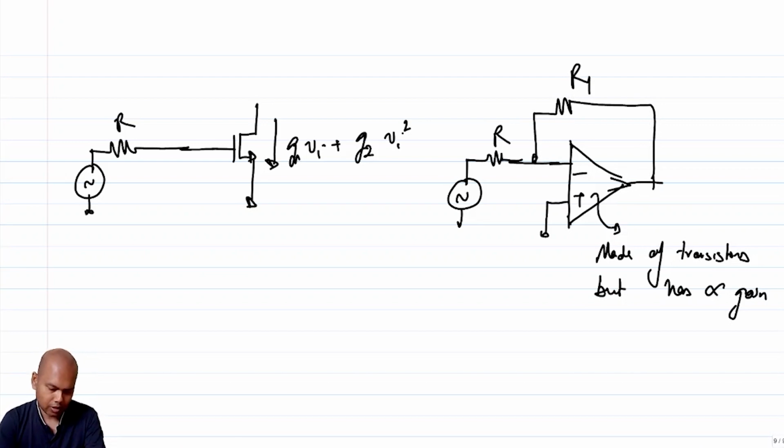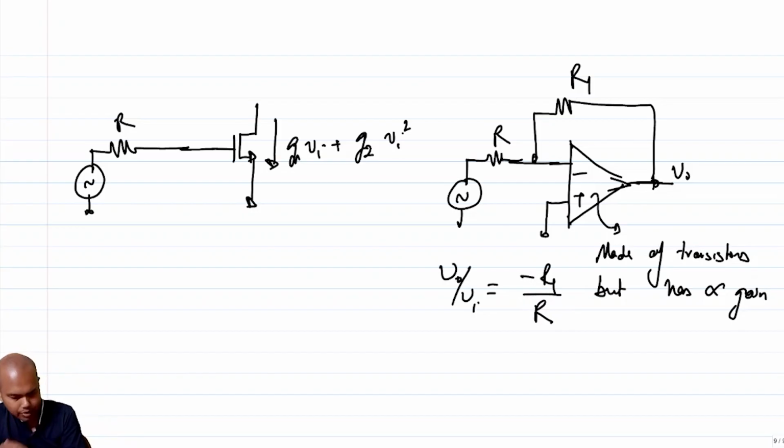So this is R1. So what is Vo over Vi? This will be equal to minus R1 over R, right? So this is kind of our first year undergrad stuff. Okay, so this is minus R1 over R under the condition that the op amp has extremely large gain.